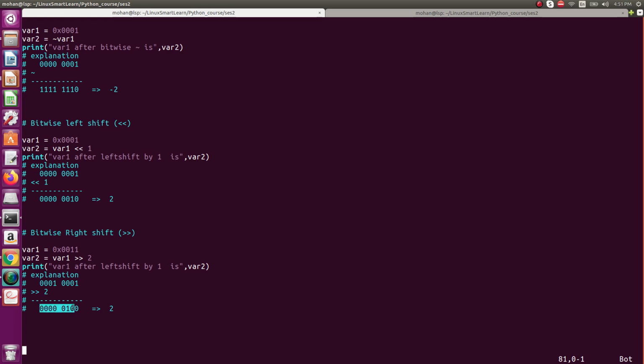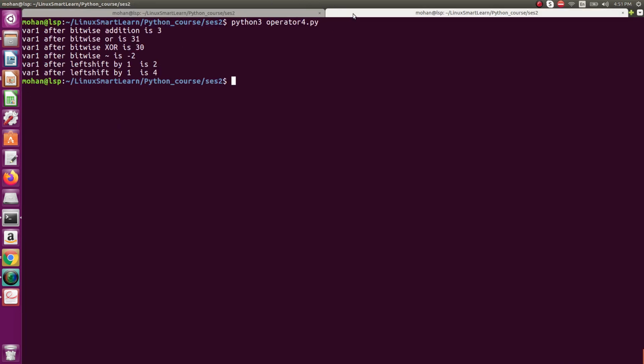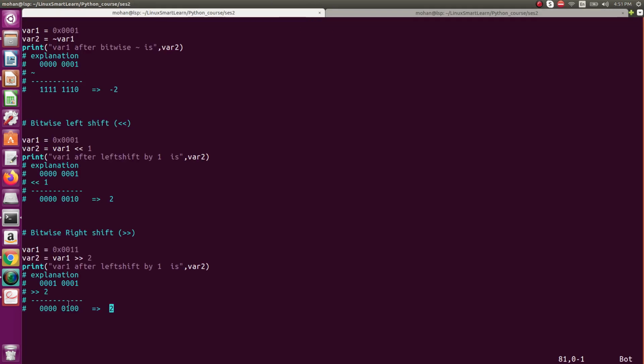So the right shift 2 times of 0x11 will be as follows. So I think there is a correction required here. This value is nothing but 4, and its representation in binary is 4.